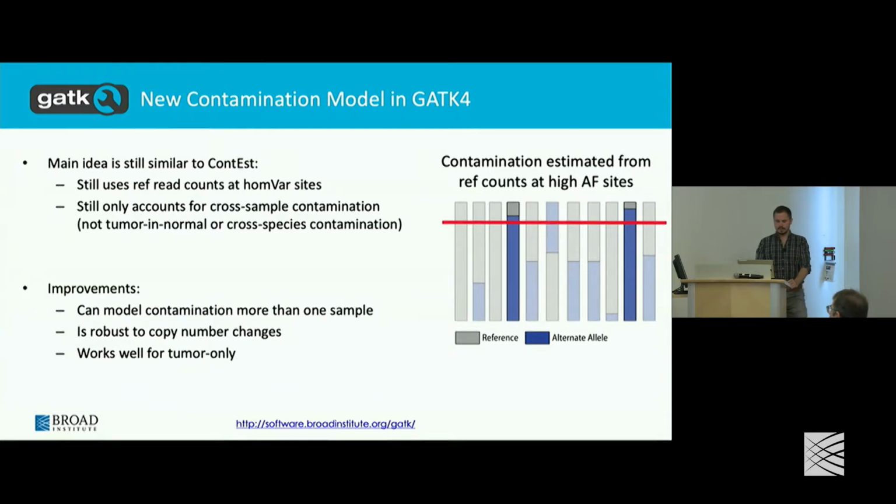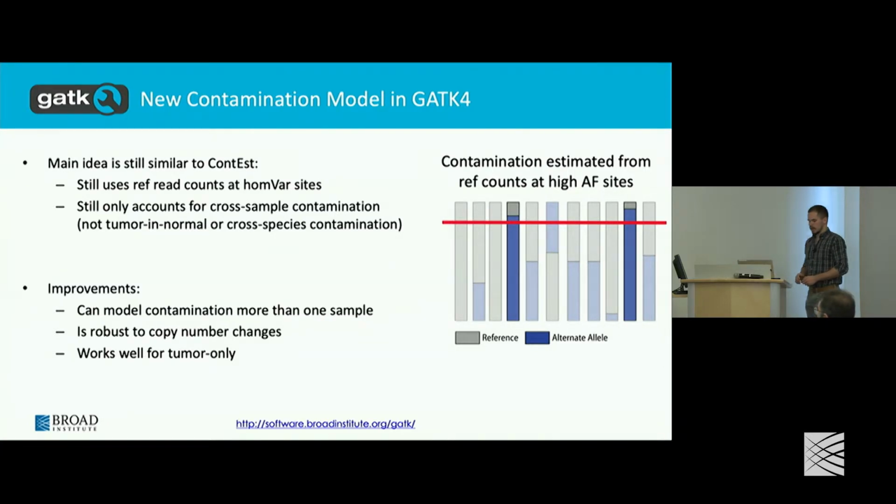Okay, so another thing is contamination. Because we want to call things that occur at a very low allele fraction, contamination by other samples can severely affect that. So we want to be able to have some kind of estimate on that.